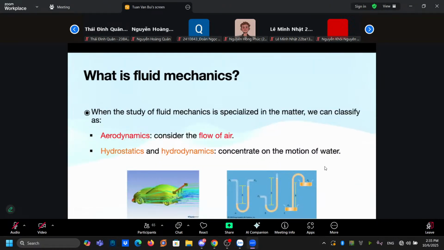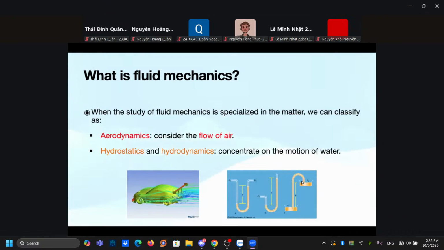If we study fluid mechanics and specialize in the matter, we can classify it into aerodynamics. Aero, I think, is the Latin word meaning air. So we consider the flow of air, which is very important in the optimization of airflow.